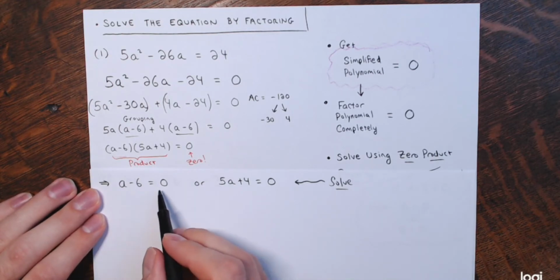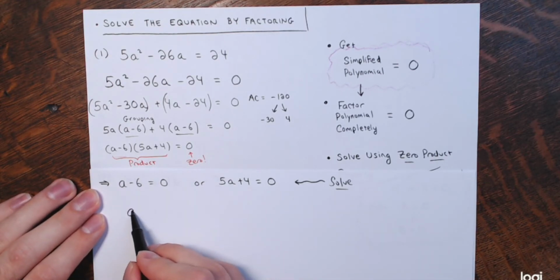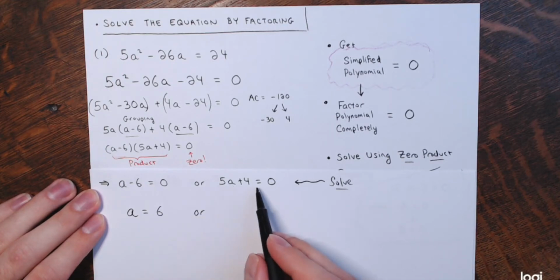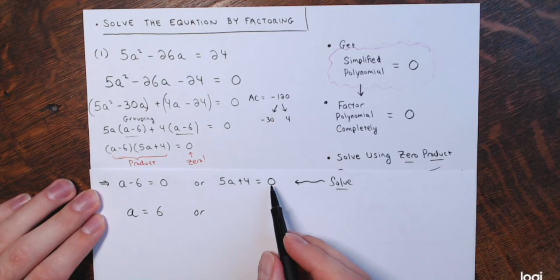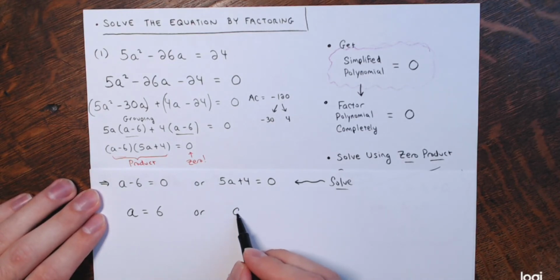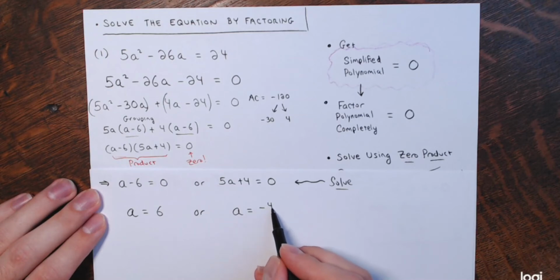Now the first one's simple, right? Just add 6. We'd have a equals 6, or, and then this second equation, 5a plus 4 equals 0, I would subtract 4, divide by 5, we have a equals negative 4/5.